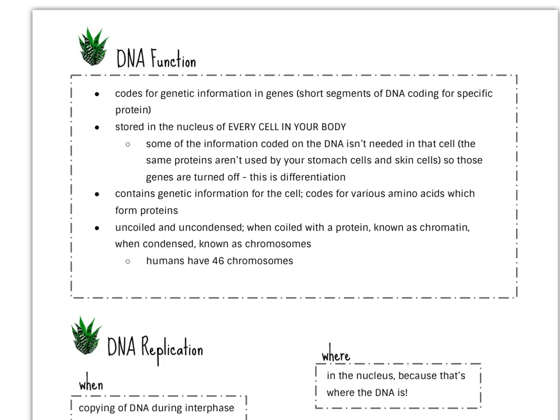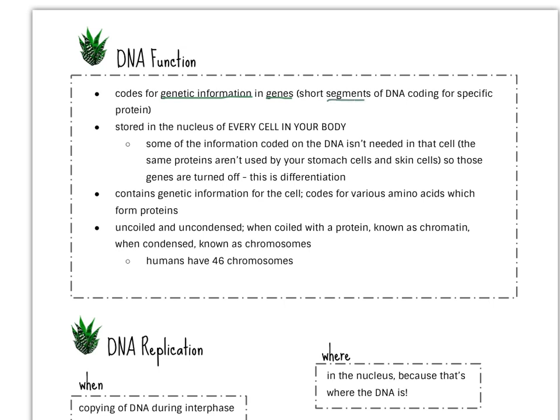actual function. So DNA codes for genetic information, like I just said, in genes, GENES, not like blue jeans. It codes for genetic information in genes, and then it defines genes for you, which is super important to know.